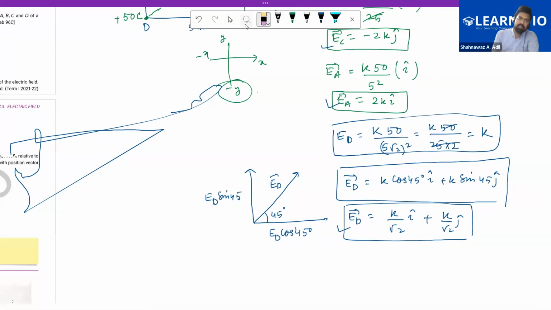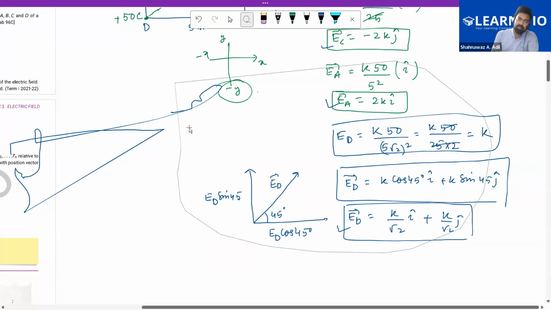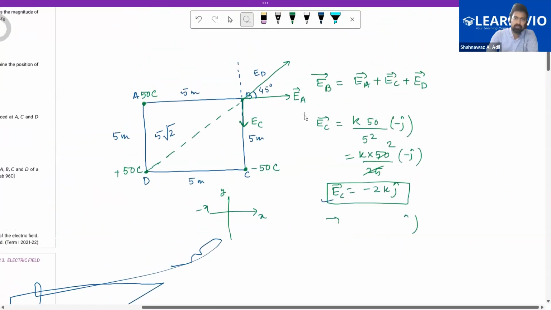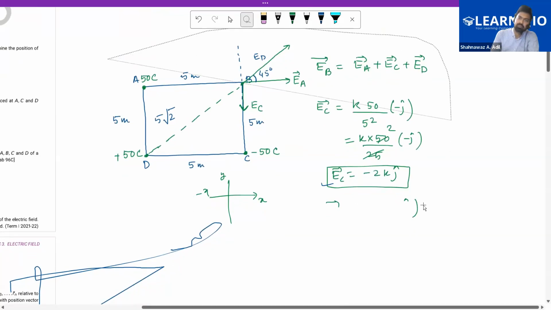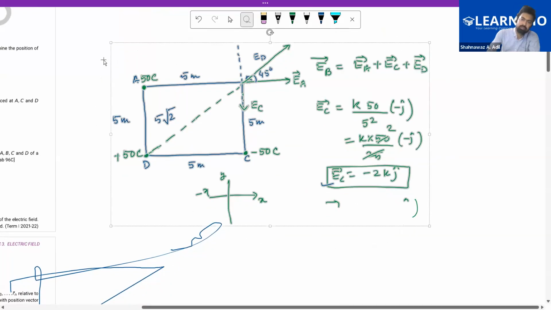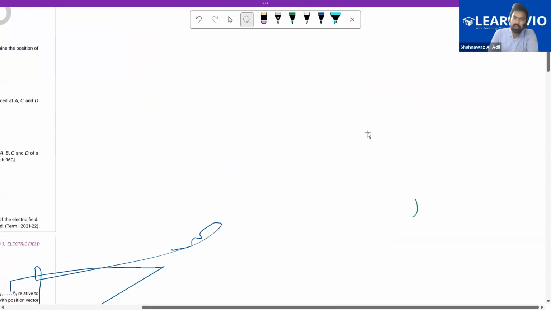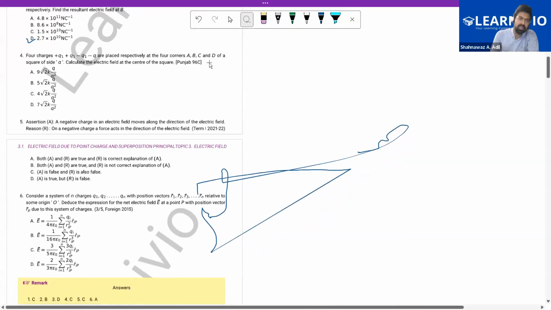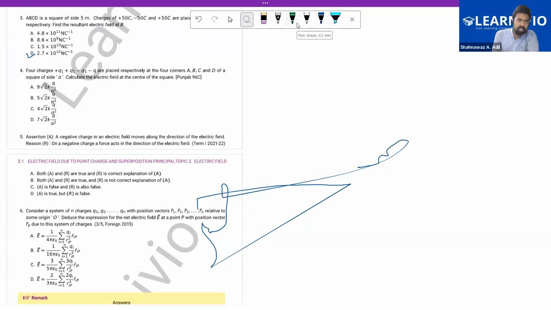Okay, so let me just erase this. So the next question is similar, and there is some misprint in this question.